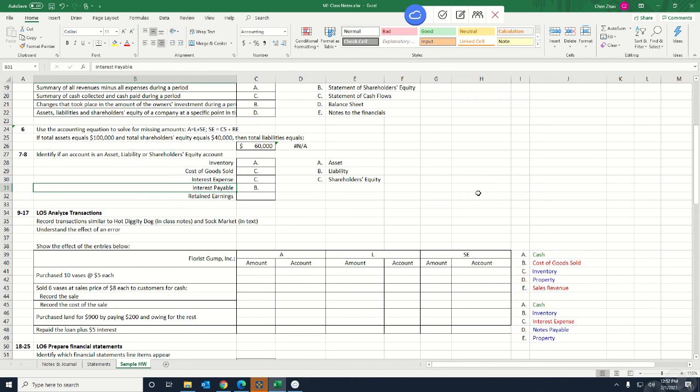And sometimes we have something called prepaid something, which is also your asset. For example, if you pay your car insurance 6 months in advance, and they offer you a discount, for example, this month you pay car insurance of $600, but the $600 is not your expense for this month.